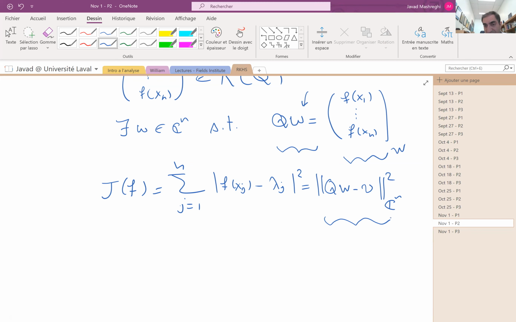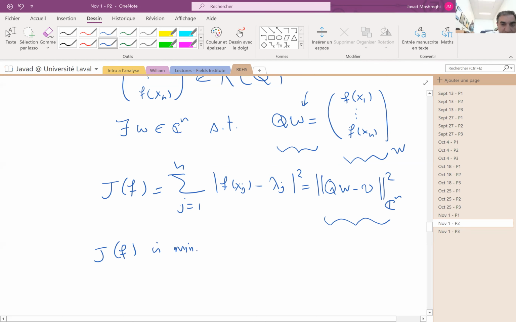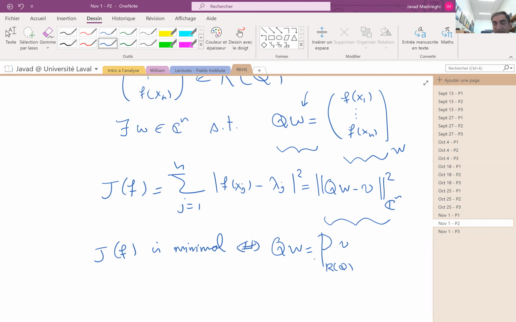And when is this the minimal one? We saw that J of f is minimal if and only if QW is the projection of V on the range of Q. When it's the projection, it is the minimal one.